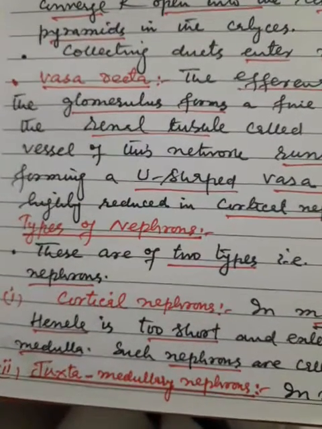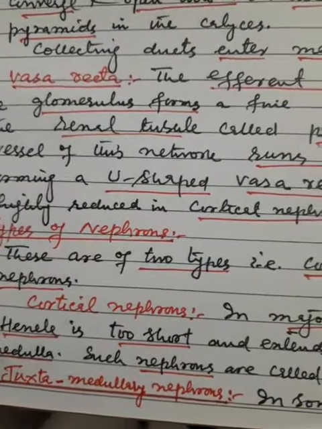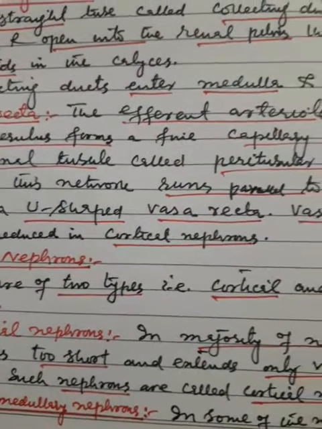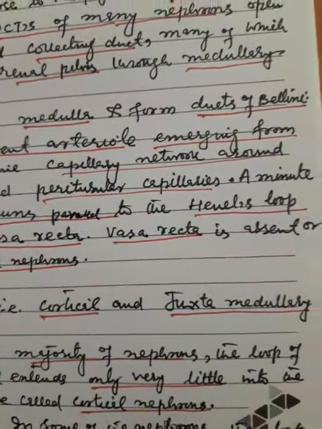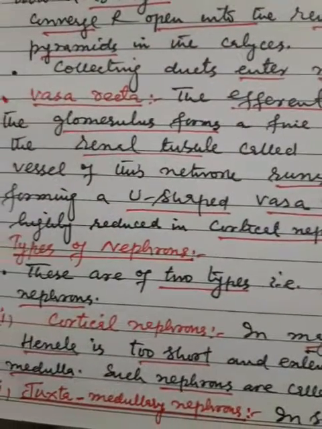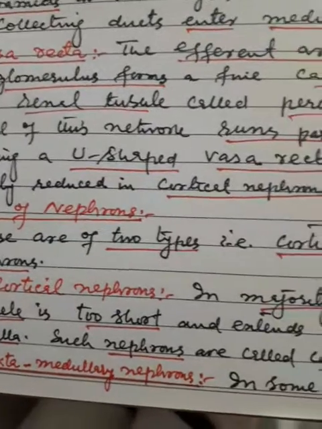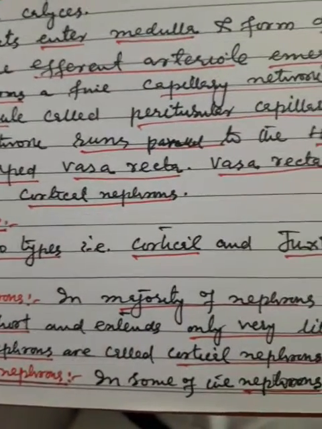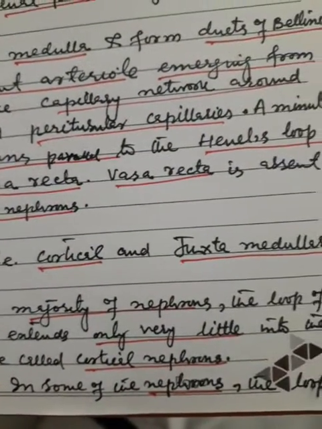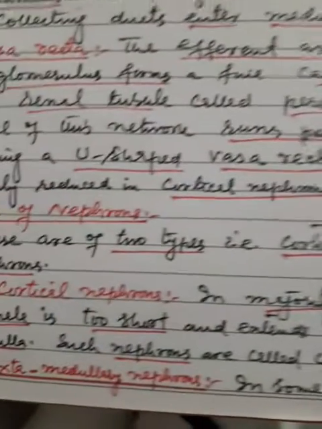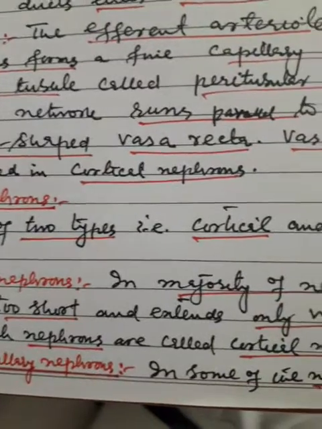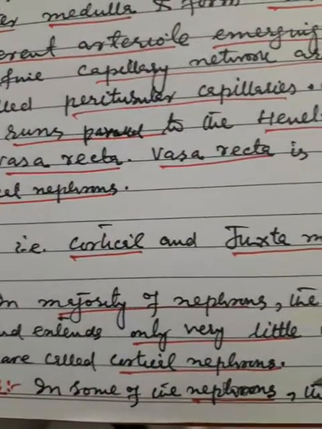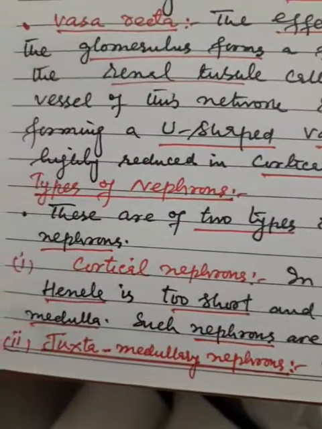Now, the types of nephrons. There are two types, namely cortical and juxtamedullary nephrons. Cortical nephrons. In the majority of nephrons, the loop of Henle is too short and extends only very little into the medulla.